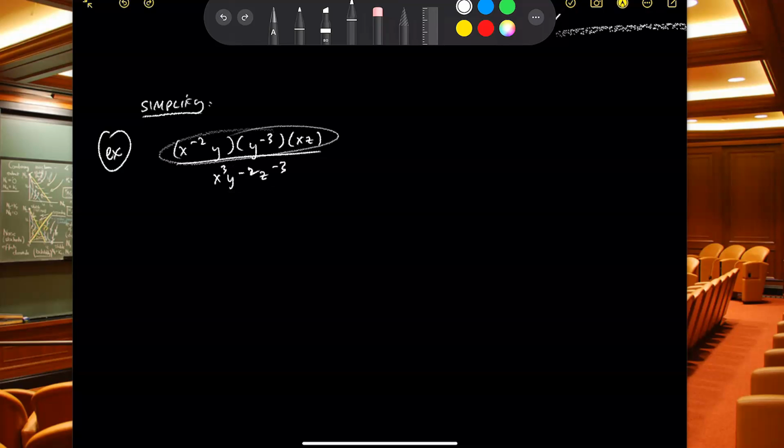There's no common terms. There's no other x factors or y factors or z factors, but up top we have some things that could be moved around. So I could have x to the minus 2 times x. I've got some y factors and one z factor.